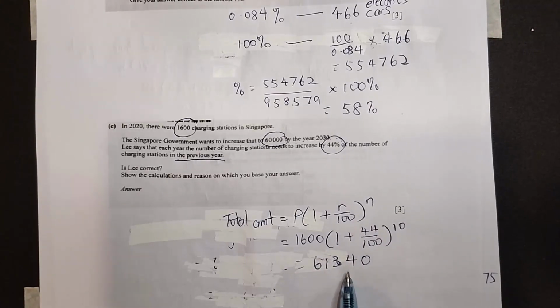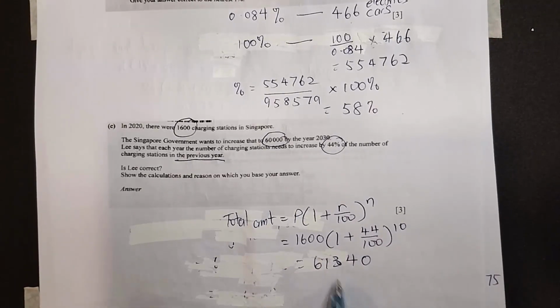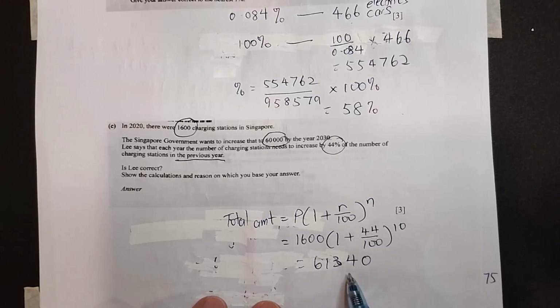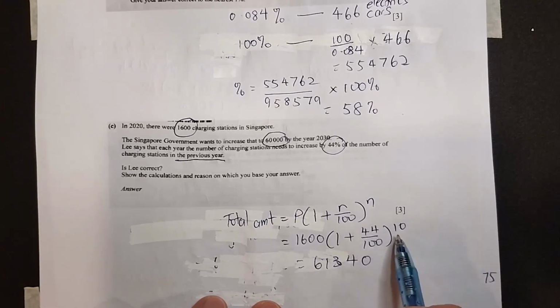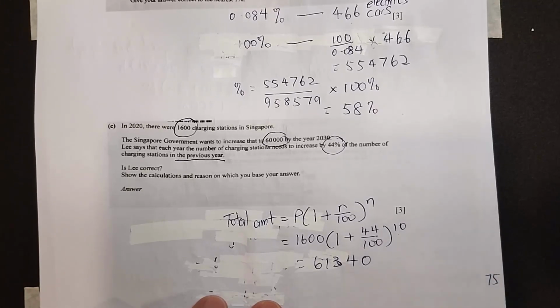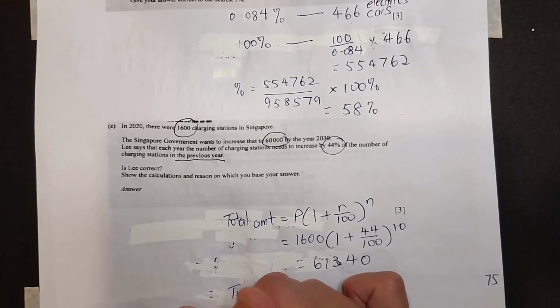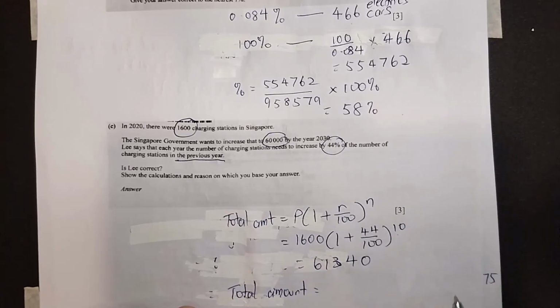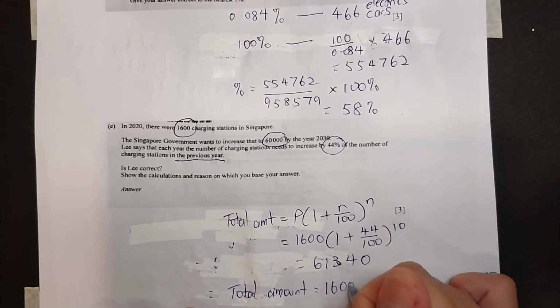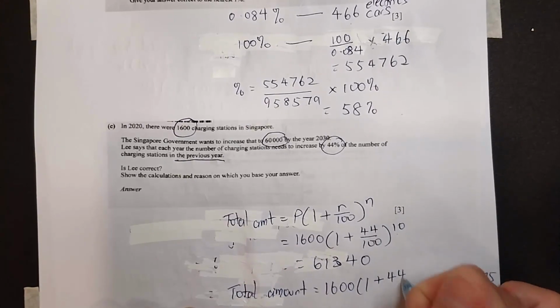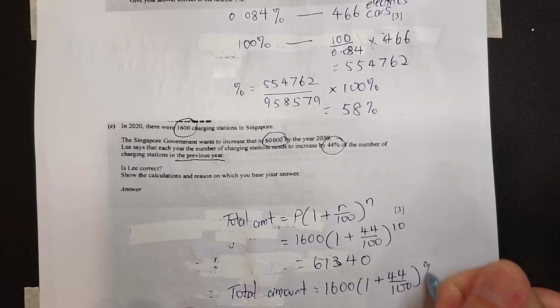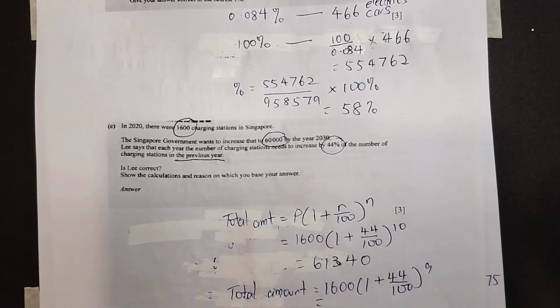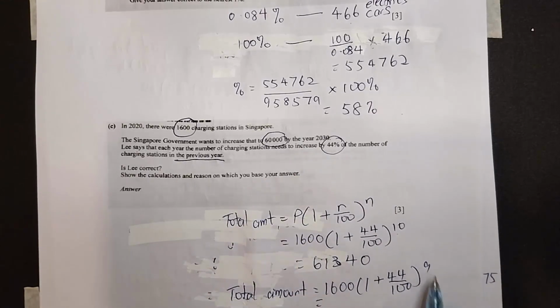So yes, in order to reach 60,000, we will need 10 years to increase by 44%. All right, if we have 9 years, we will not have 60,000, so we need another 1 more year.